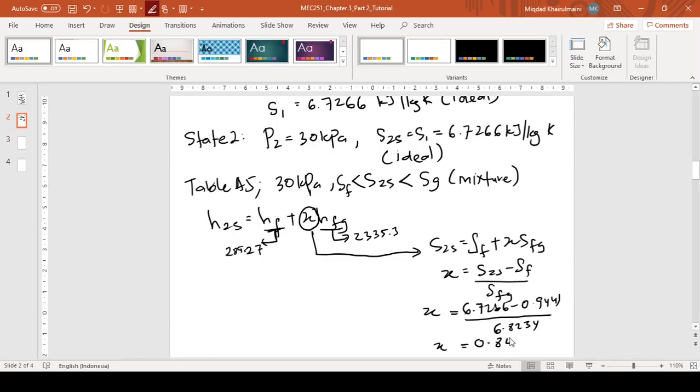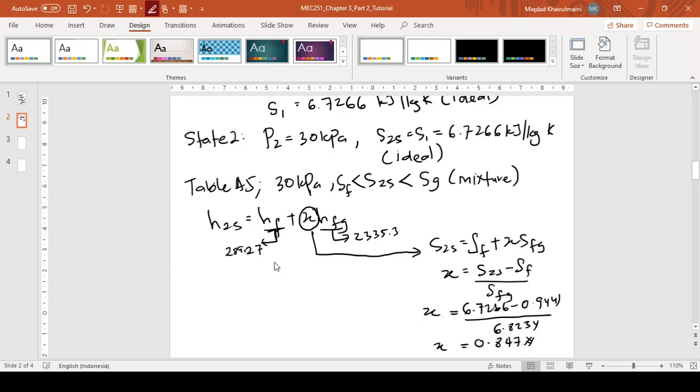So x we can get as 0.847. Be careful with your decimal points. I recommend 3 decimal points. Do not try to simplify the decimal points. If we can maintain it at 3 decimal points, we put it as 3 decimal points.